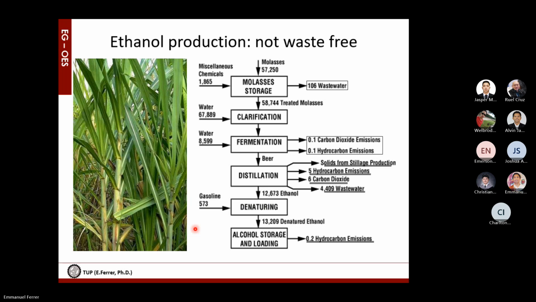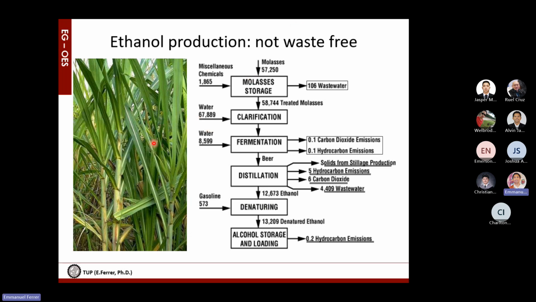gasoline station. Okay, the government gives incentives under the Biofuels Act if companies use renewable fuel. That's the advantage, and of course the environmental impact of using renewable fuels.